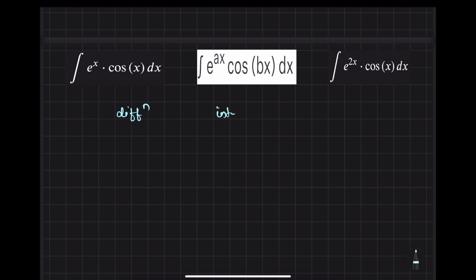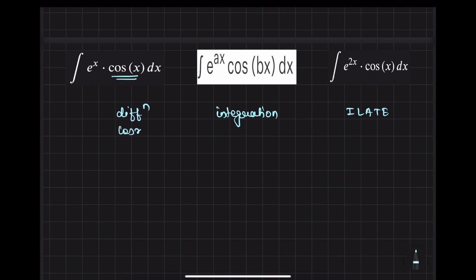Now we have to decide what to take as the first function and the second function. Now you know ILATE: inverse, logarithmic, algebraic, trigonometric, exponential. So the first function has to be the trigonometric function.